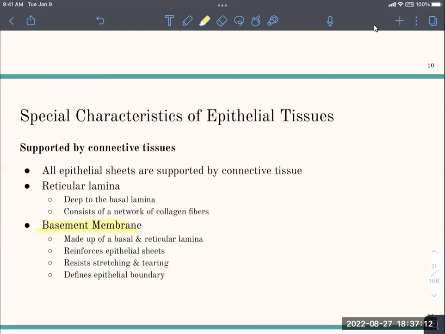It helps to reinforce those epithelial cells. It doesn't allow them to stretch as easily and tear. It helps protect us even further. It helps to define that epithelial border too, because it separates the epithelial cells from the connective tissue that's underneath.